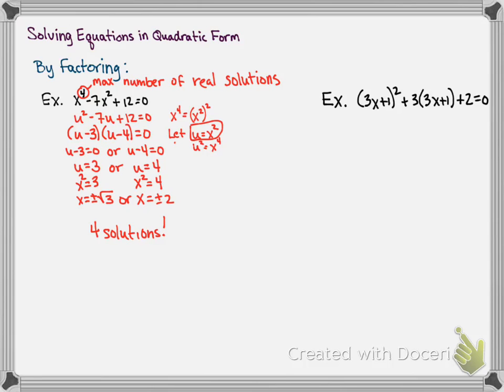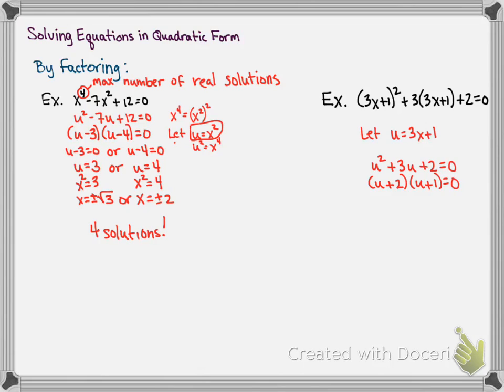I'm going to recognize right here that I have 3x plus 1 and 3x plus 1 squared. So let u equal 3x plus 1. So u squared will equal 3x plus 1 quantity squared, plus 3 times 3x plus 1 equals plus 3u, plus 2 equals 0.